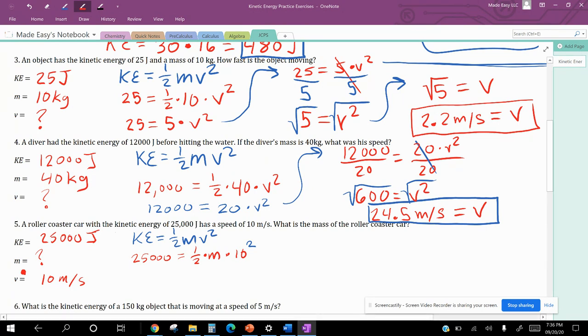Because of our order of operations, instead of multiplying first, we have to do our exponents first. The order of operations is parentheses, exponents, multiplication and division from left to right, addition and subtraction from left to right. So under here, 10 squared would be 100.